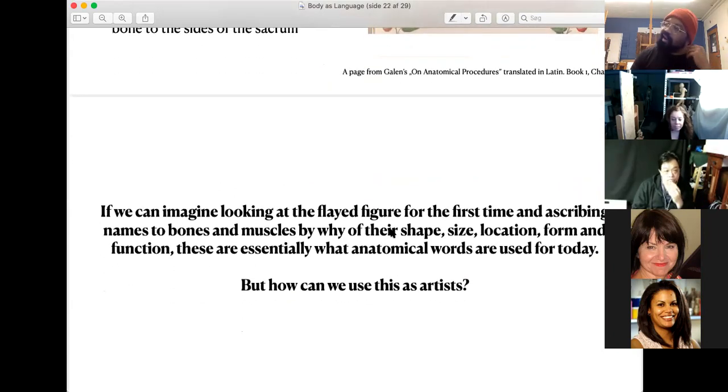But now it's like, okay, I get that, you know, we're ascribing names to bones and then muscles are just being described by their shape. But how do we use this as artists is the big question.